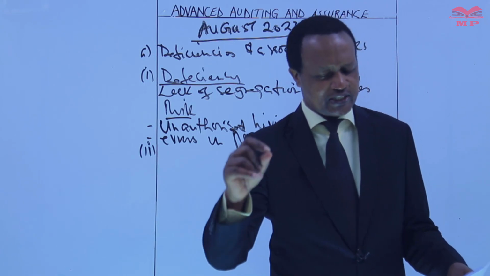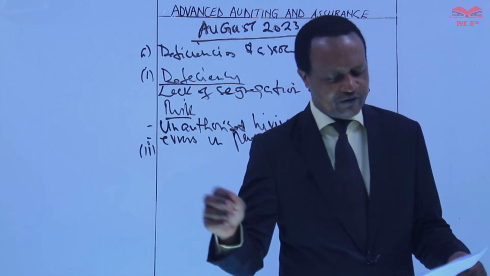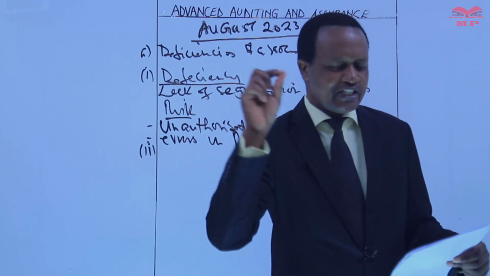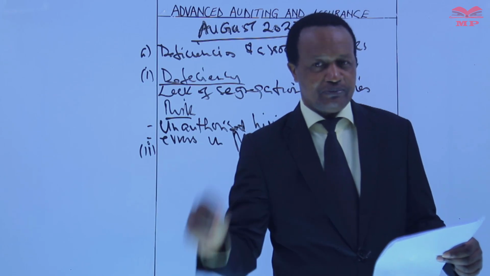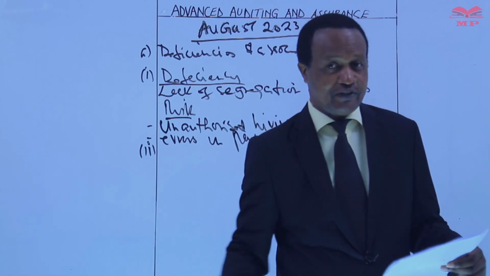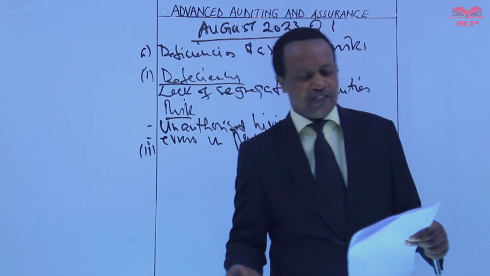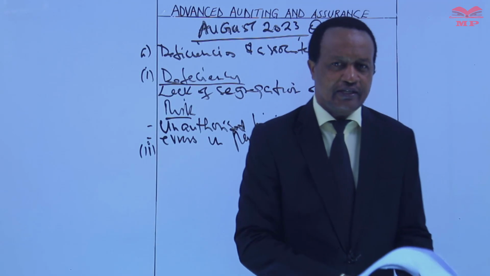Each worker takes a time card on Monday morning, fills in his name and notes in pencil their daily arrival and departure. That is a deficiency. There is weak control over timekeeping.